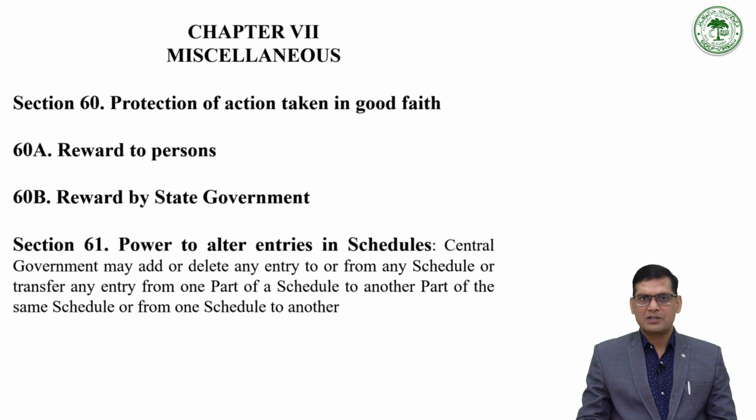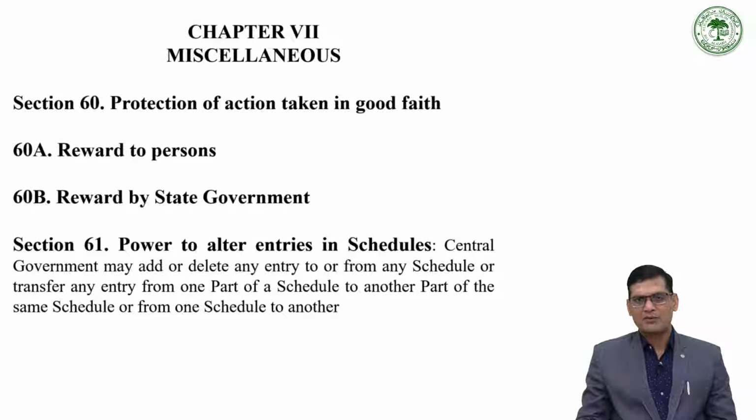Chapter 7 deals with miscellaneous subjects of the Act. For example, Section 60 provides protection against legal proceedings to officers or other employees of the central government or the state government for anything which is done in good faith or intended to be done under this Act.